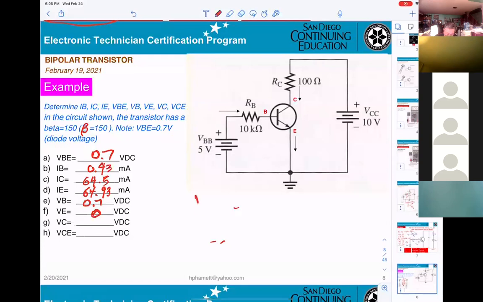VC equals VCC minus RC times IC. They don't have many formulas, okay? But they're used all the time, try to memorize. So VC I get 3.55. Did I get it or not? Yes.